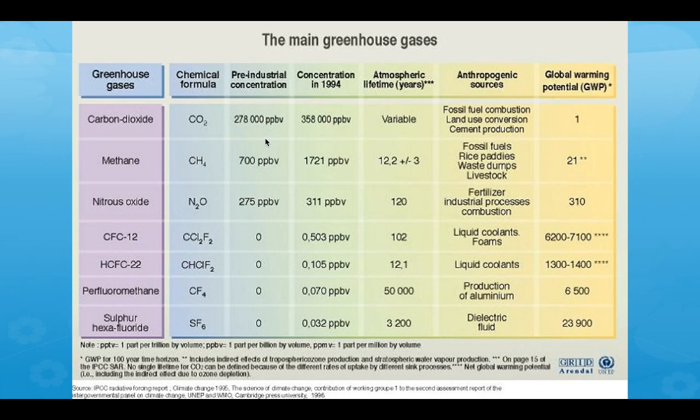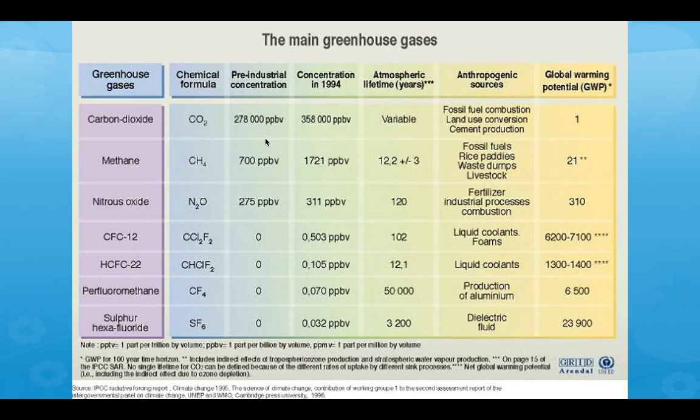So it went up a little bit, but it should be going down now. And for our CFC 22, it's also gone up a little bit. It's at 233, but we're not putting more in, so it should go down after a while.